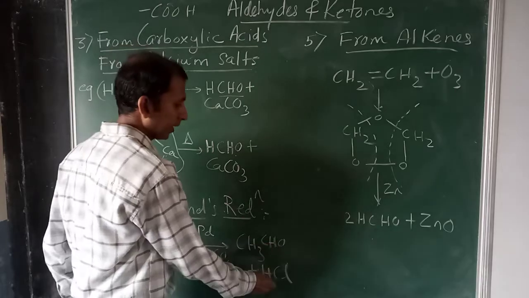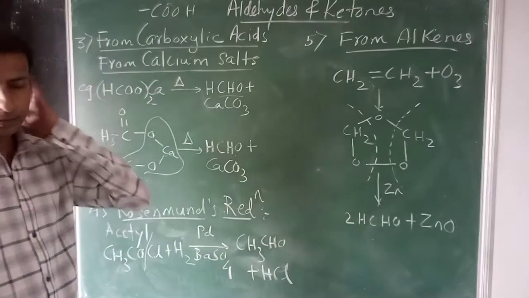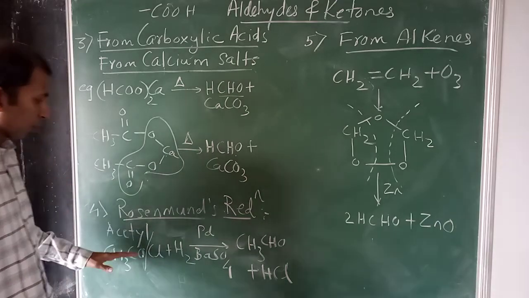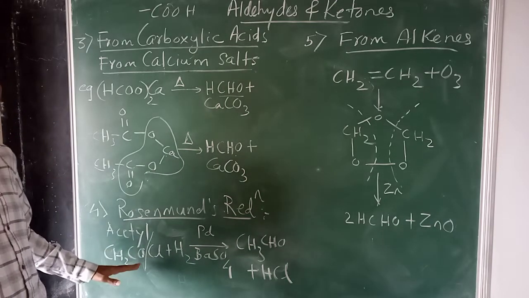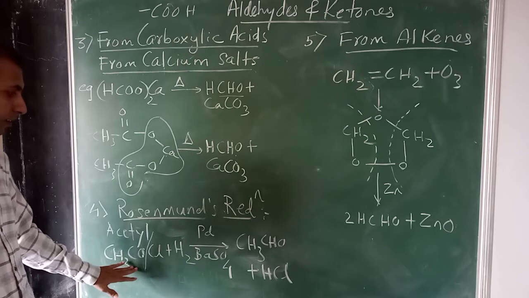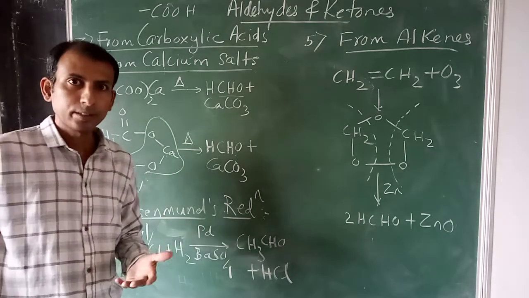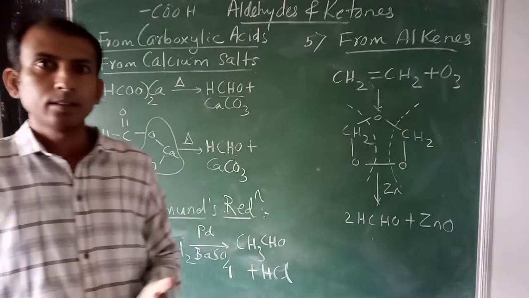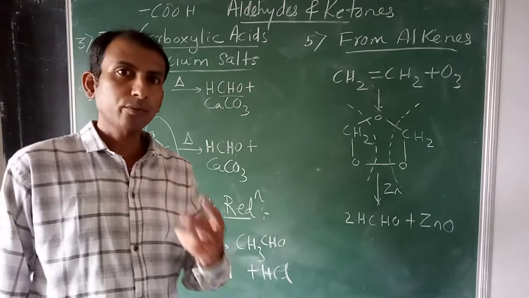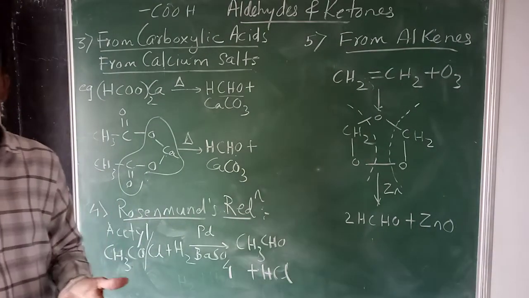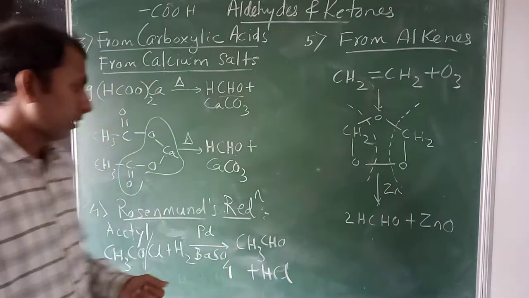So you get an aldehyde and HCl as a byproduct. If you take two molecules of the same acid chloride and dimethyl cadmium, that is, two molecules of acetyl chloride and dimethyl cadmium, you will get a ketone in this method.